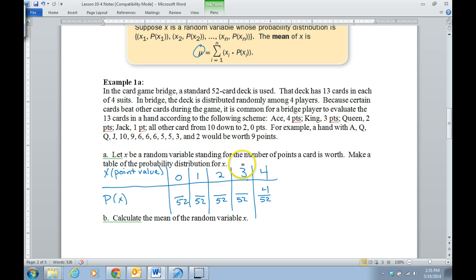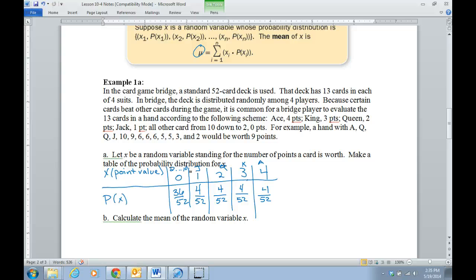So this is an ace, this is a king, this is a queen, and this is a jack. And this is numbers 2 through 10. How many kings do we have? 4. How many queens? 4. And how many jacks? 4. Now, how many do we have for the rest of the deck? 36. Yep. So that is our table for the probability distribution.